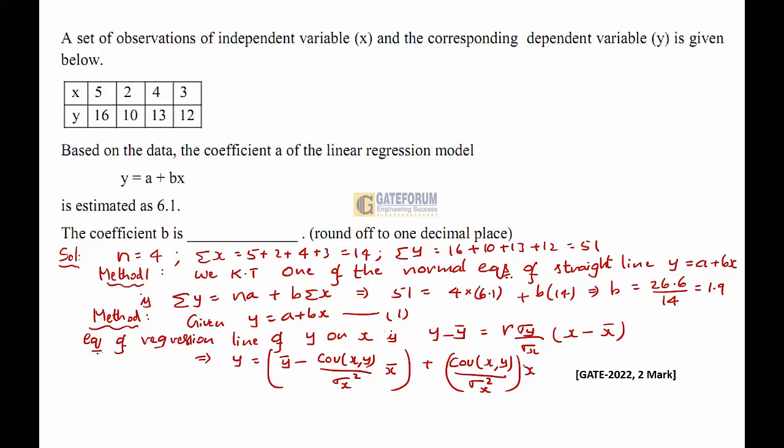Okay. So this is equation 2. Comparing 1 and 2, this will give A value and B value.